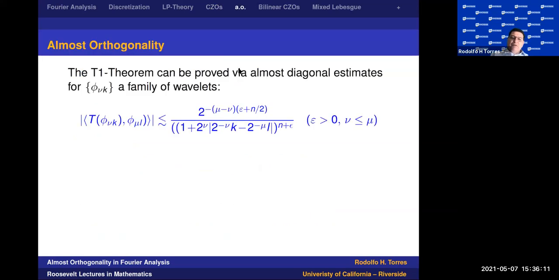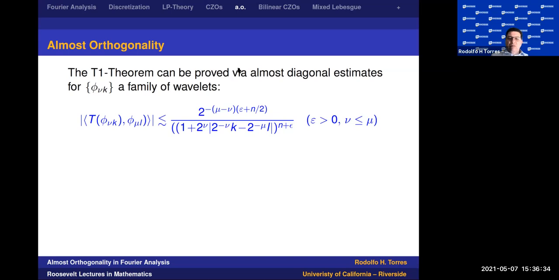So this can be proved by some almost diagonal estimate. And again, I didn't want to lie, so I wrote the correct expression. It's very complicated, but what I want you to see is this thing that we were talking about earlier, and this is what really quantifies what we mean by obtaining an almost diagonal matrix.